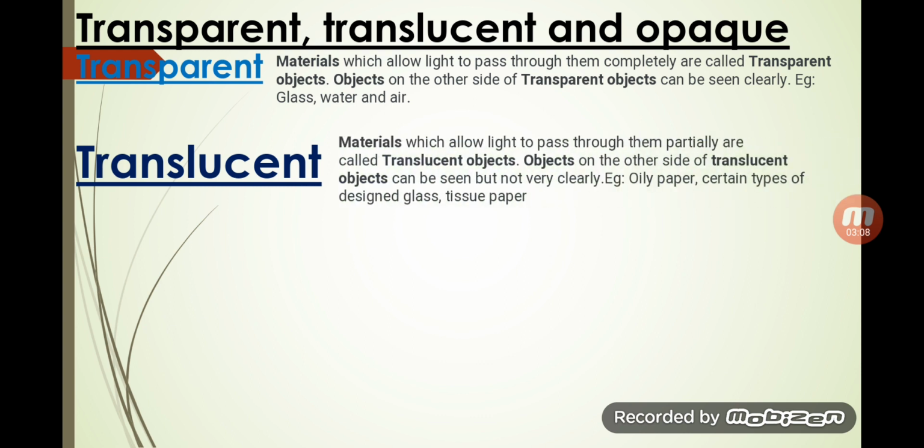What is a translucent object? Let's see. The materials which allow light to pass through them partially, not completely.